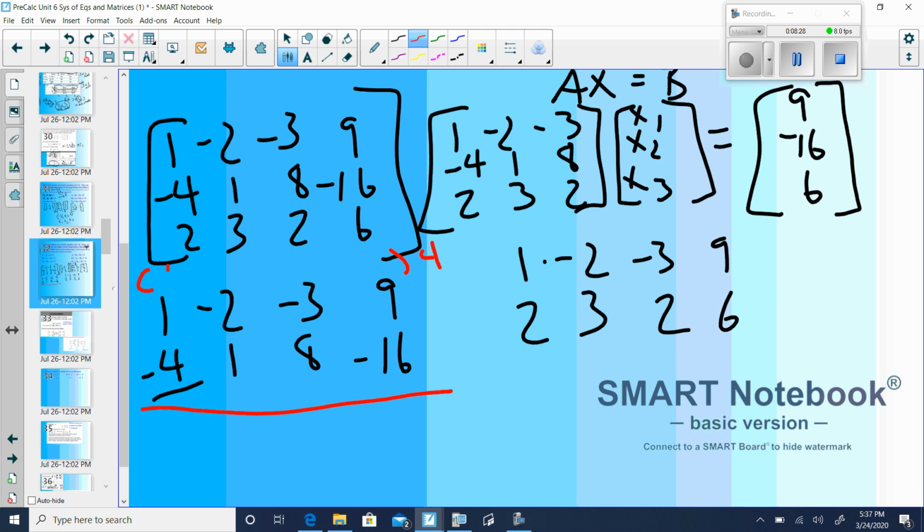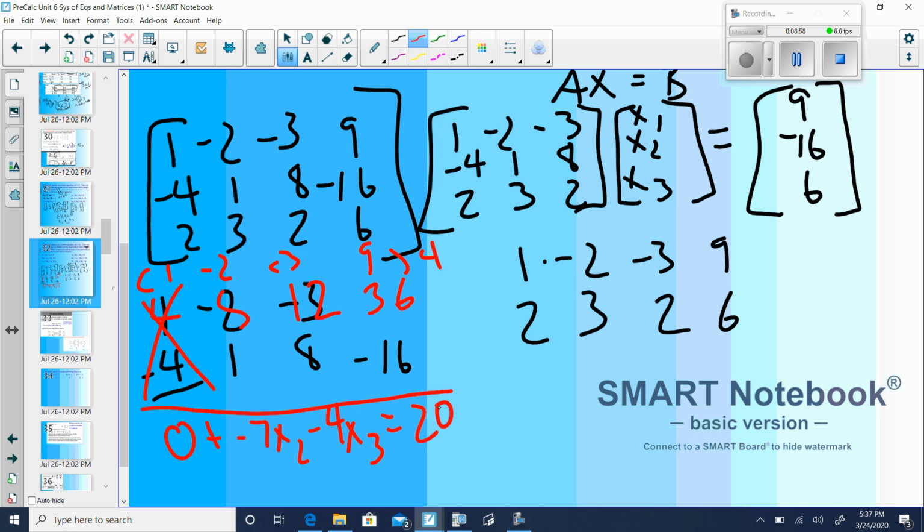So 4 times 1 is 4, 4 times -2 is -8, 4 times -3 is -12, and 4 times 9 is 36. So 4 plus -4 is 0. -8 and 1 is -7x sub 2. Then -12 and 8 is -4x sub 3 equals 20.